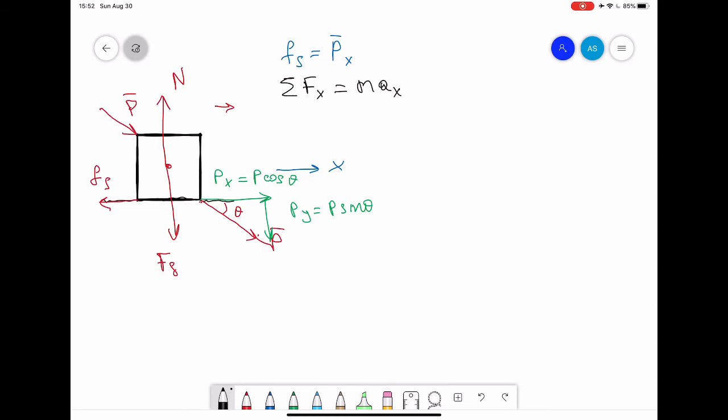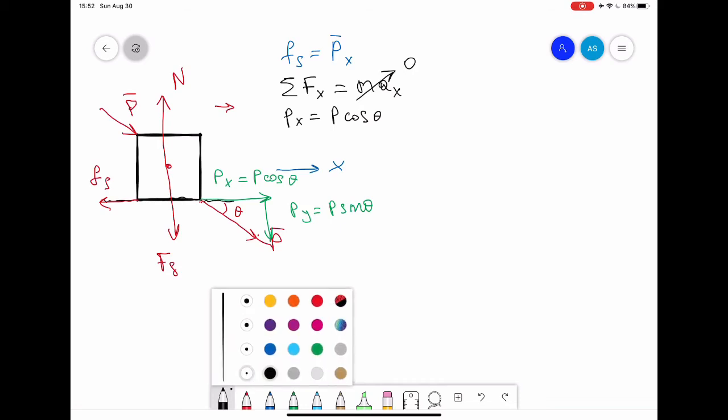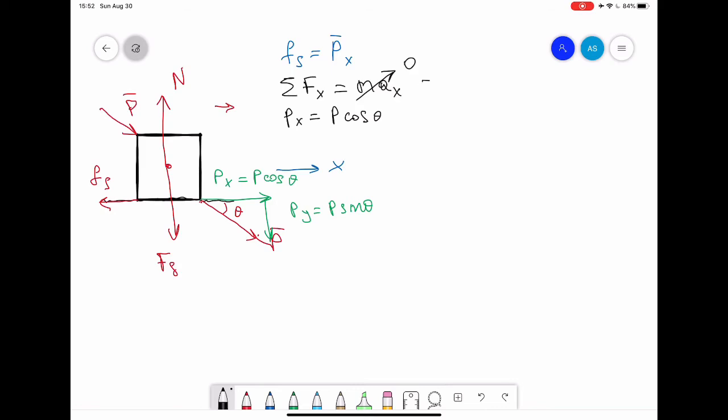Since there's no motion, there's no acceleration, so this is 0. In the x direction we have Px, which is P cos theta, minus static friction, equal to 0. That means P cos theta is equal to Fs.